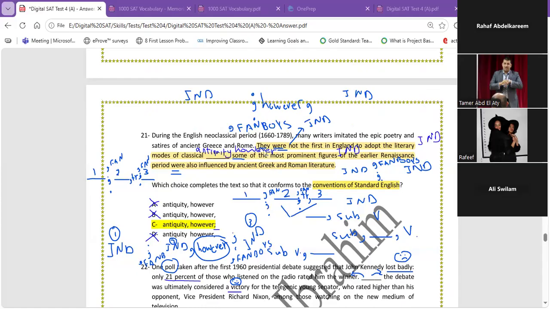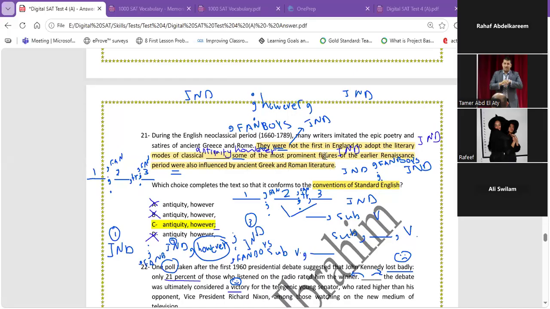How? Let's make it in Arabic. They were not the first in England to adopt the literary modes of classical antiquity. Some of the most prominent figures of the earlier Renaissance period were also influenced by ancient Greek and Roman literature.